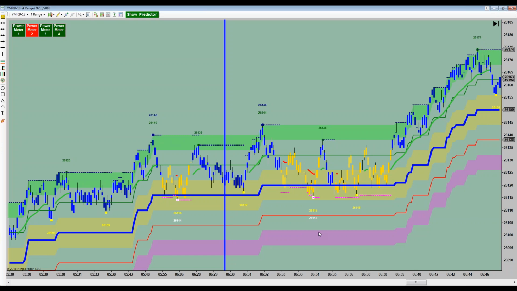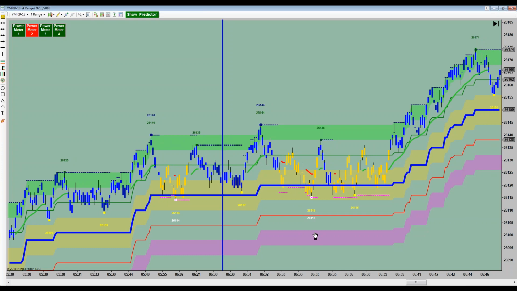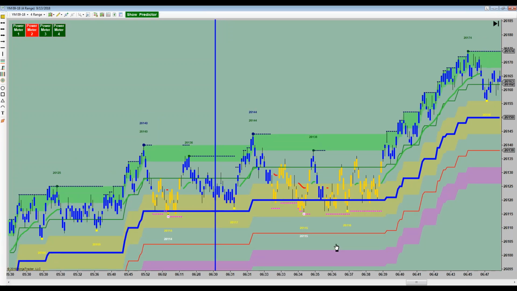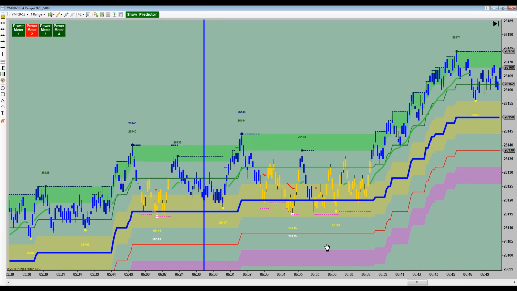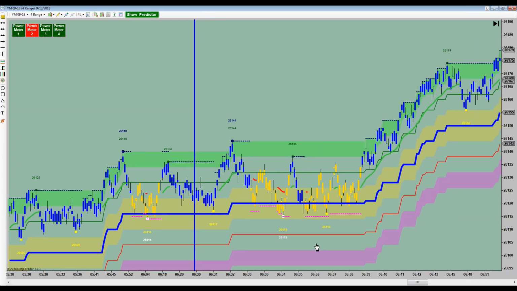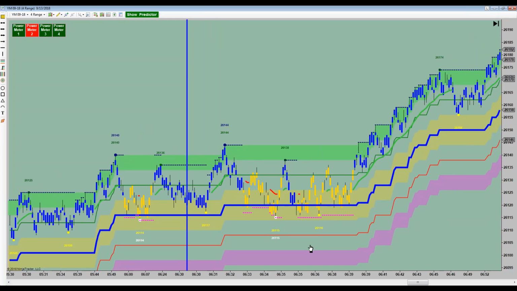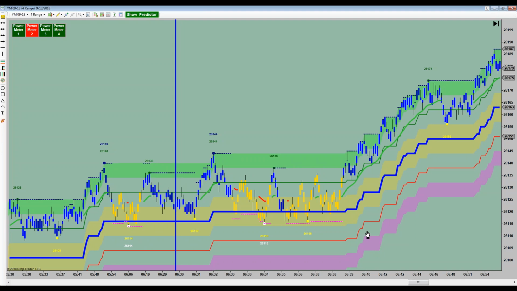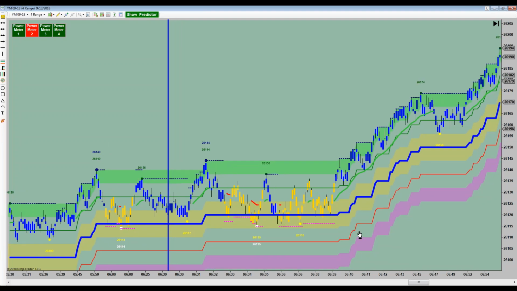6:45. 6:46. Keep it going here. 6:47. 6:49. 6:50, coming up on 7 a.m. Pacific. About 20, 22 minutes into the trading session. 6:52. 6:54.